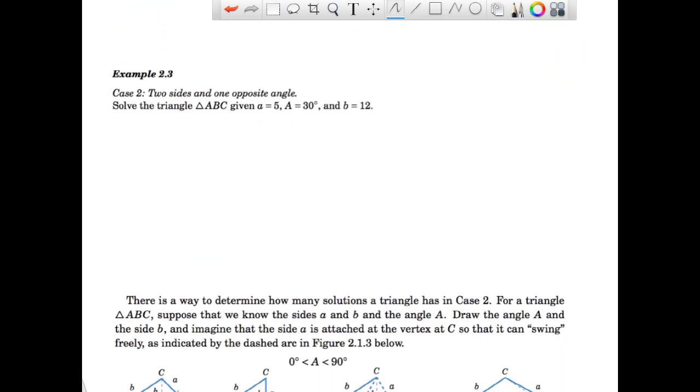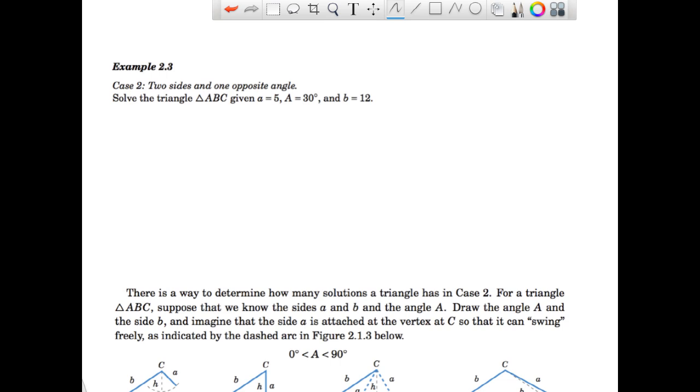Okay, let's see, two sides and an opposite angle. So what do we have here? Given a is 5, A is 30, and b is 12. Okay, let's draw a picture. So we'll do one more of these. So A is 30, 30 is about here, right? We know b is 12.